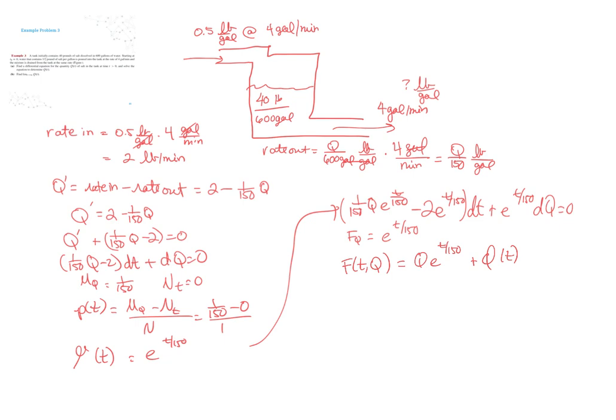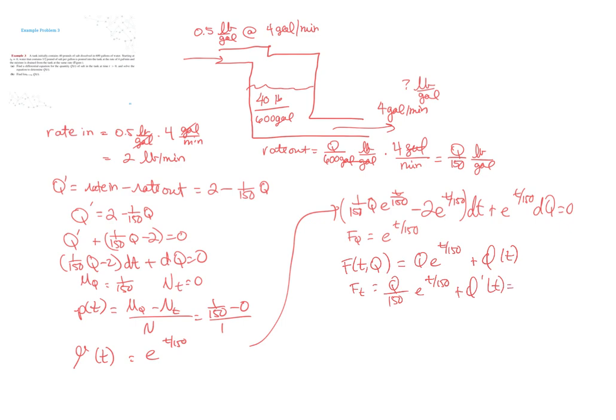So let's find f sub t. The partial of f with respect to t would be Q over 150 e to the t over 150 plus phi prime of t.